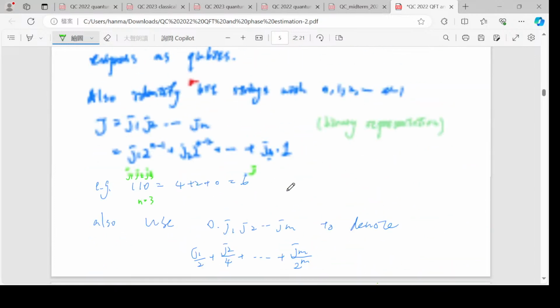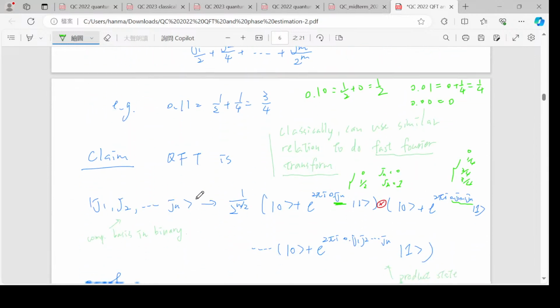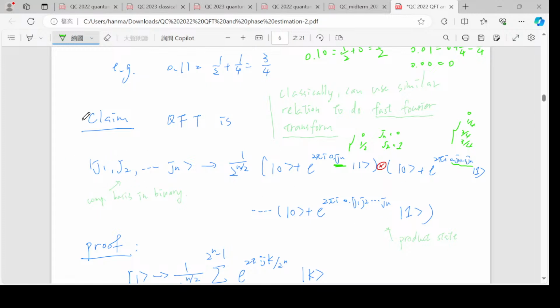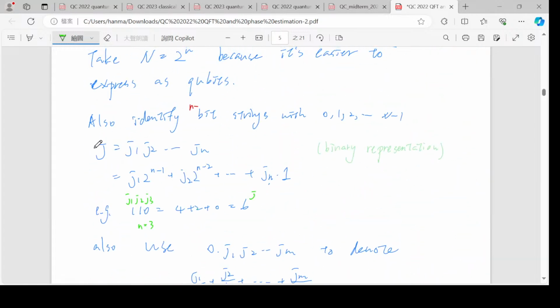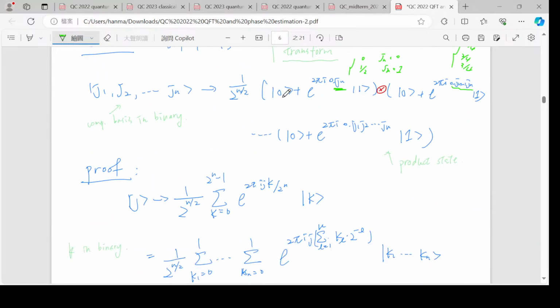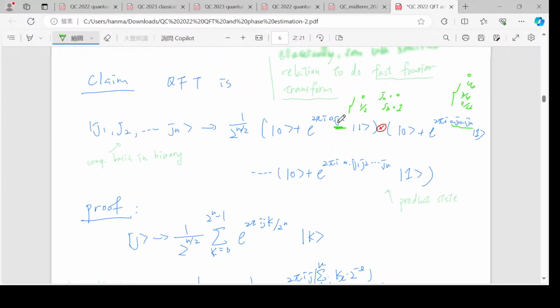With the binary notation, we want to write our QFT in a very interesting expression. If your input state is a computational basis state represented by j1 to jn, then the output state will obviously depend on those j1 to jn because the output state depends on j.